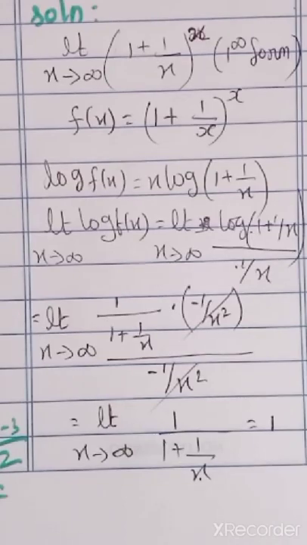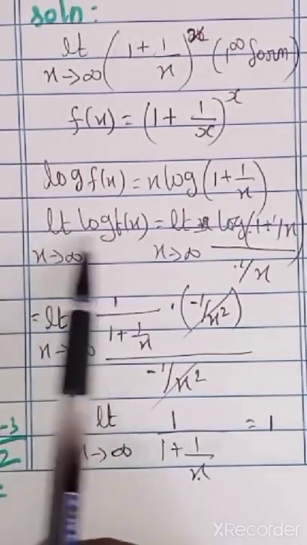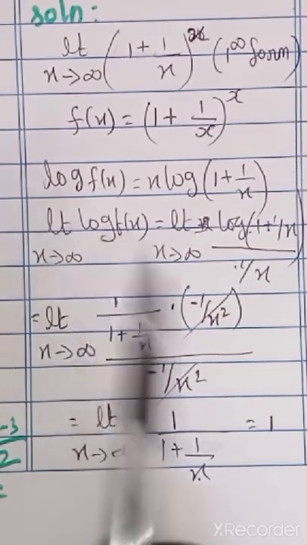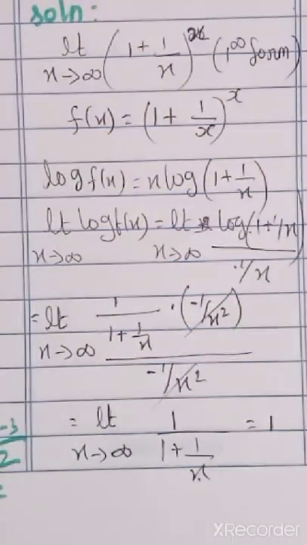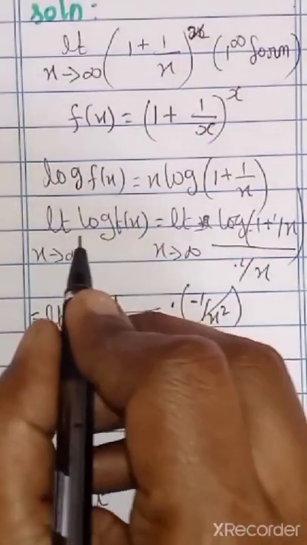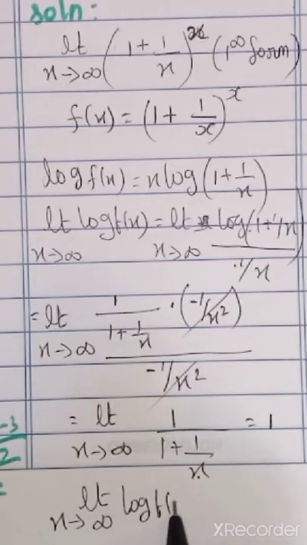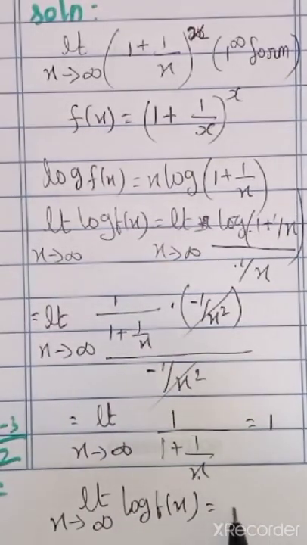No, because on the left hand side you have the limit and the log. So we have to remove this log. Only if you remove this log will you get the answer. So what answer are we getting? Limit x tends to infinity log f of x equal to 1.